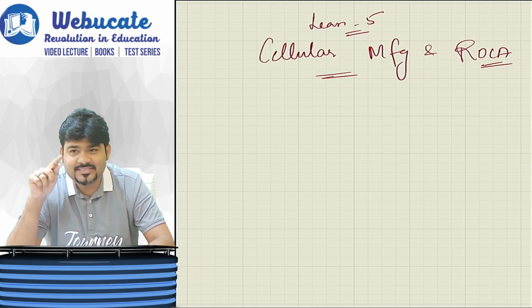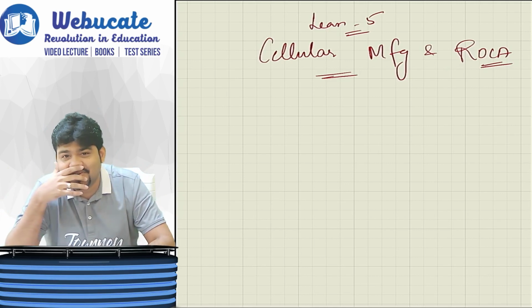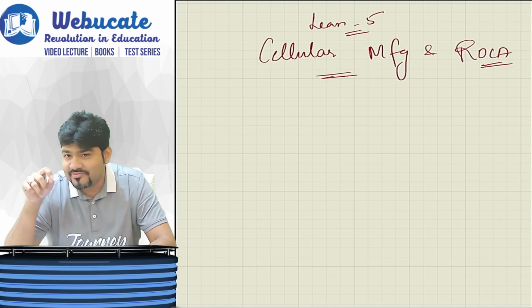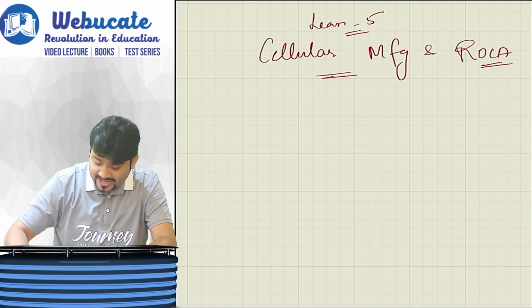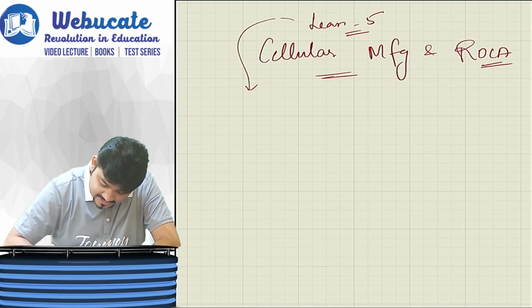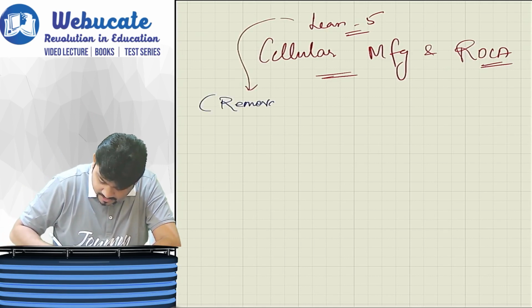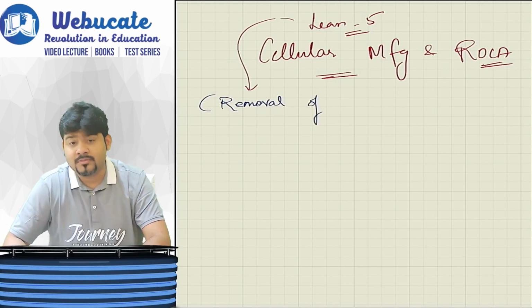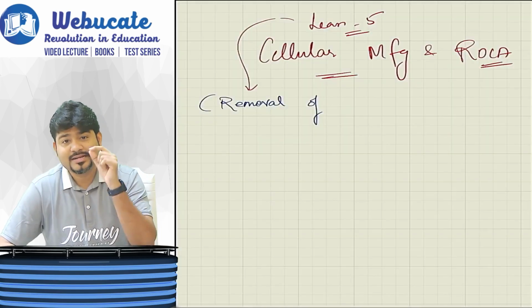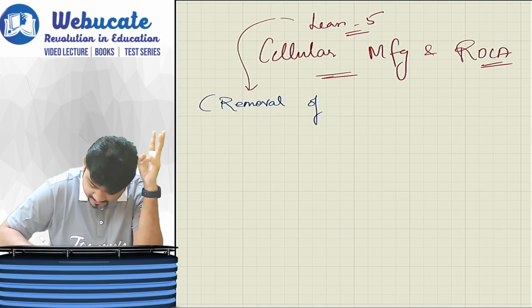So the 7 wastes are all removed by these 6 techniques of Lean, of which now we are focusing on Lean 5, whose focus is on removal of motion.